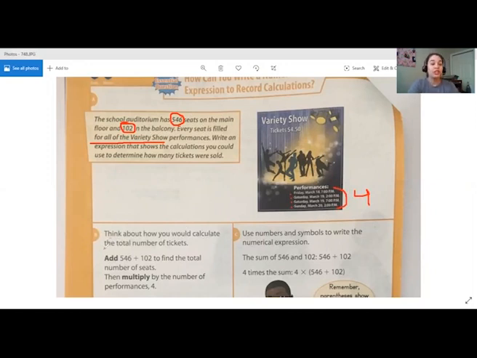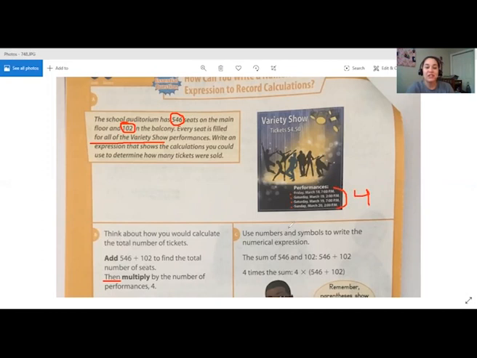First we're going to add that 546, the seats from the main floor, to the 102, the seats from the balcony, and that would give us the total number of seats. Then, this is going to be a really important word that's going to pop up a lot in this lesson: then multiply by the number of performances, which is 4. We found that from our poster.